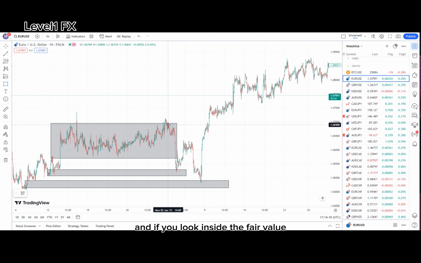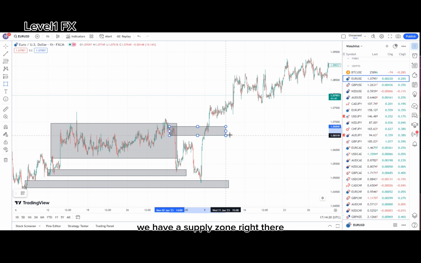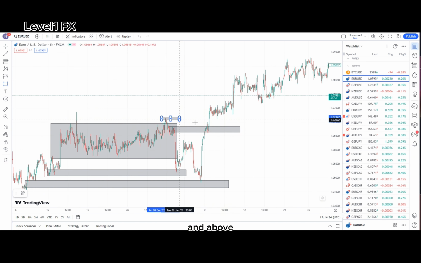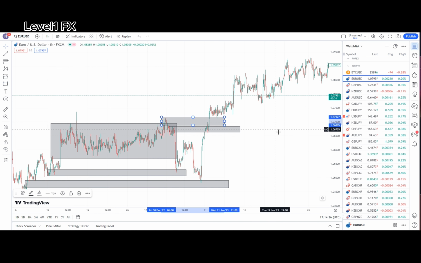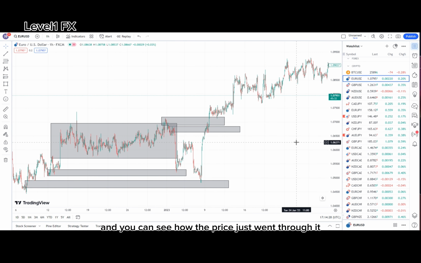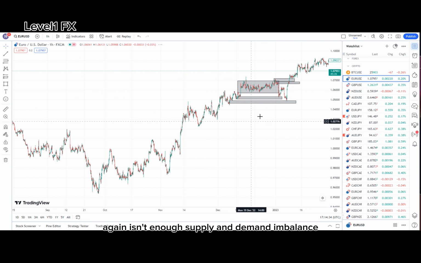And if you look inside the fair value, we have a supply zone right there, and you can see how the price just went through it again. There isn't enough supply and demand imbalance.